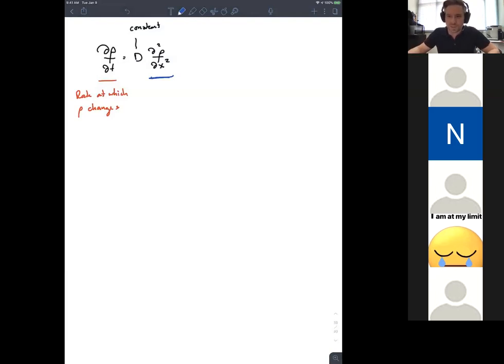But now this is the second derivative. Does anybody remember geometrically what the second derivative tells you about a function? Concavity, yes, spectacular. So this tells you concavity. Or another way to put it, which I think is a bit more intuitive, is the curvature.